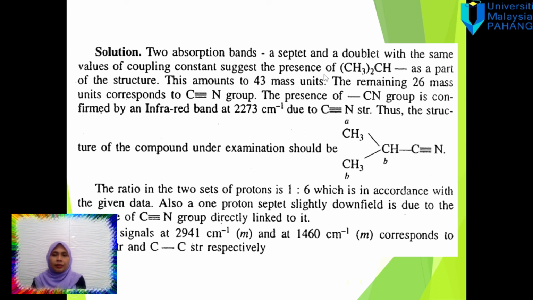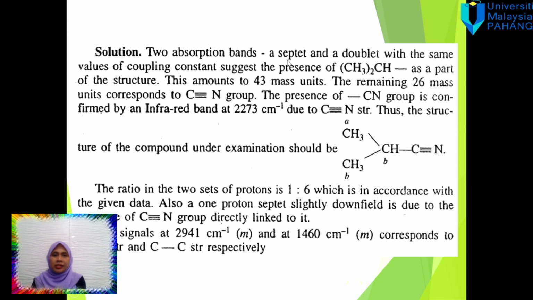How can we use this? Solving this problem without a table is quite challenging, so the easier way is to develop the table. How do they know this? A septet and a doublet: a septet is 6 neighboring protons, because 6 plus 1 becomes 7. So there are two CH3 groups that contribute to the septet.